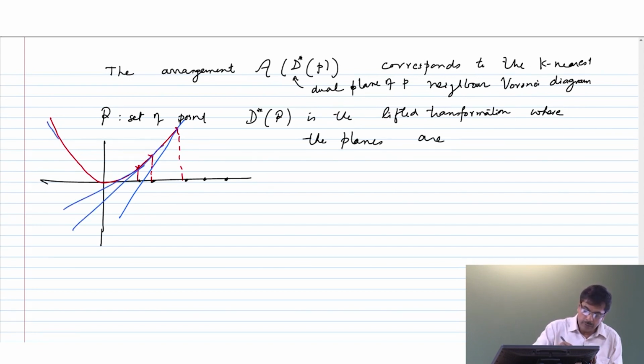So, there could be all kinds of tangents. In 2 to 3 dimensions these are planes. So, I am talking about these planes.